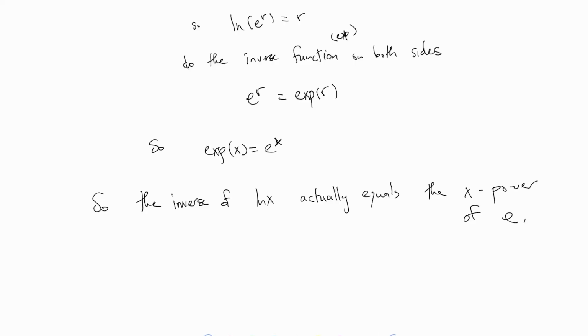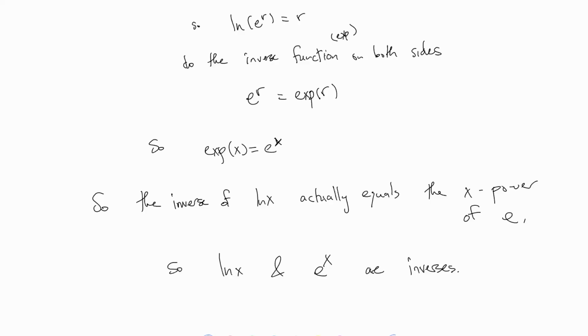This is the intimate relationship between the natural log and this number e to the power x. So ln x and e to the power x are inverses. And from now on, I'm never going to write exp anymore. I'm just going to write e to the x. That is called the natural exponential function, or just the exponential function with base e. All right?